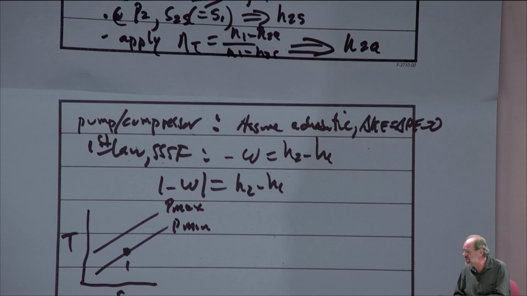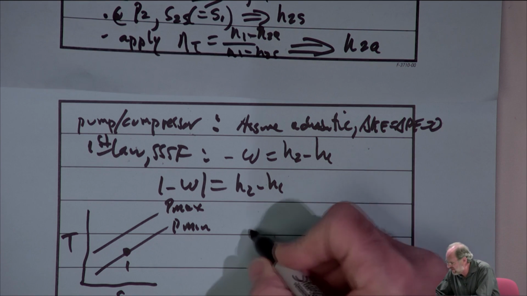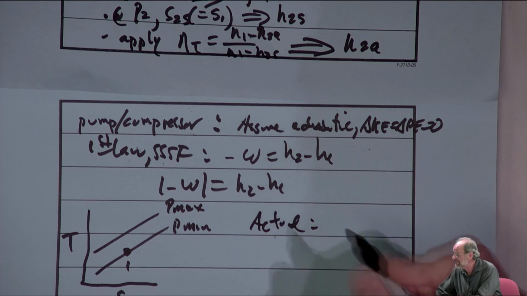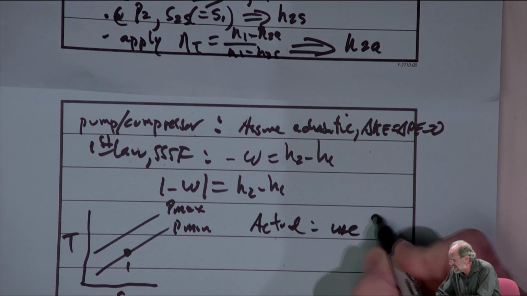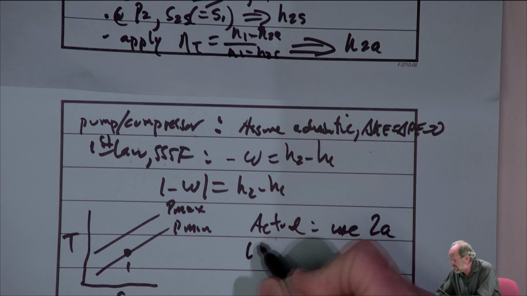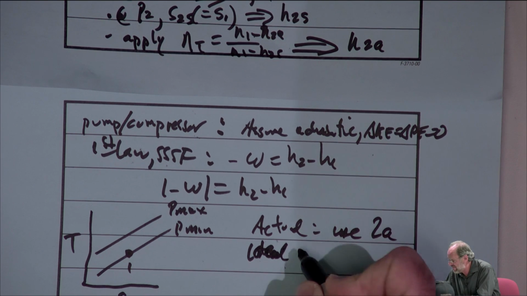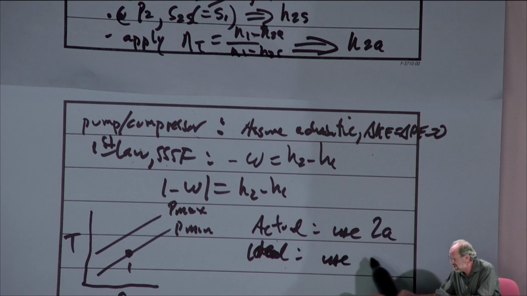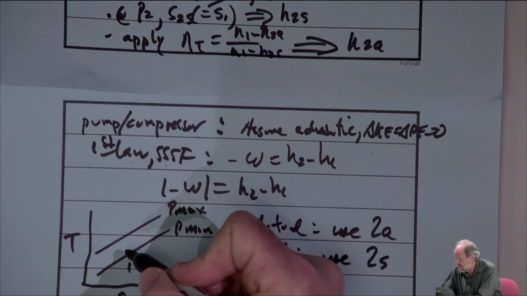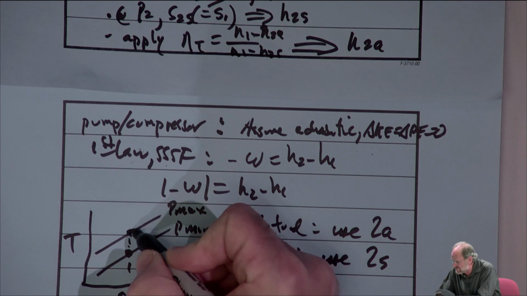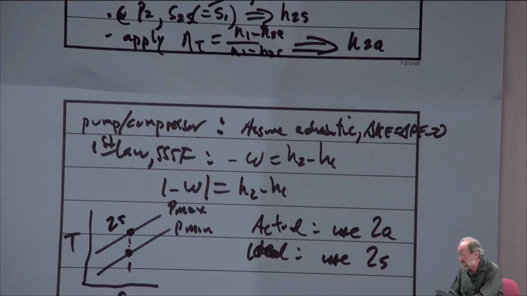If we assume that it's an actual pump or compressor, then we're going to again use 2A. If we're assuming that it's an ideal, which means isentropic, then we're going to use 2S. So the ideal process moves vertically upwards from point 1 to 2S.